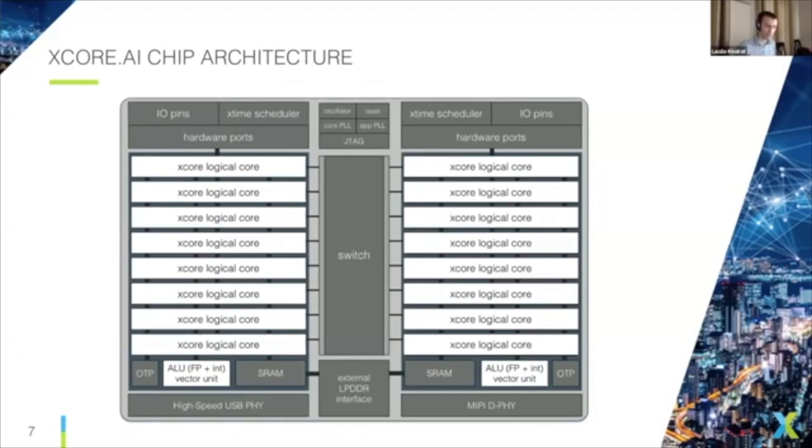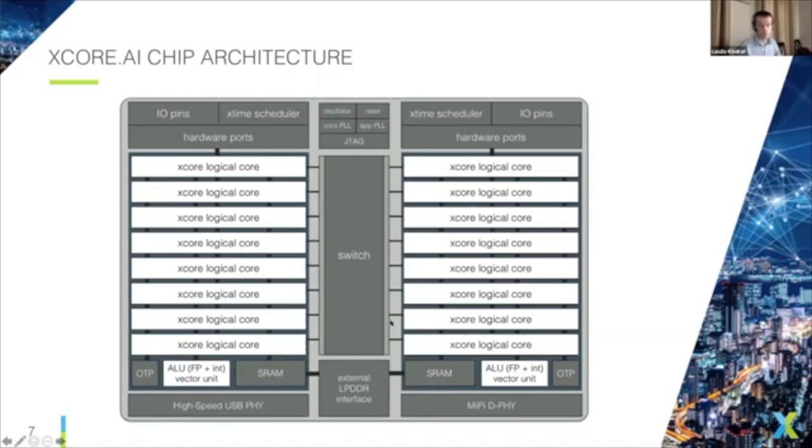Now these cores can execute simultaneously, and we give you hard real-time guarantees. So this is actually a very good choice if you have an application that requires hard real-time guarantees such as audio.